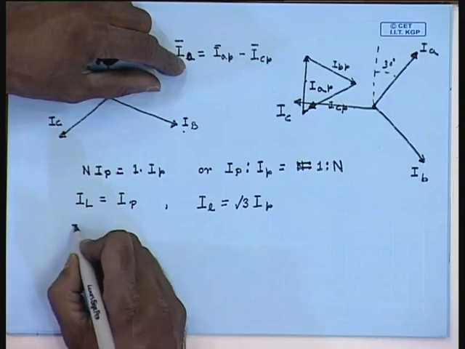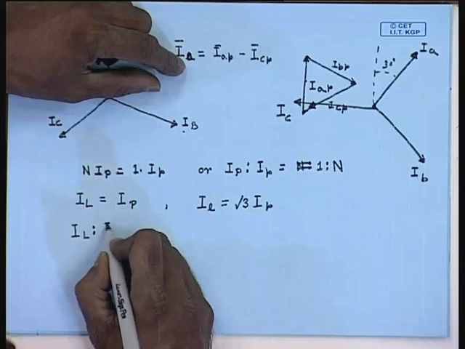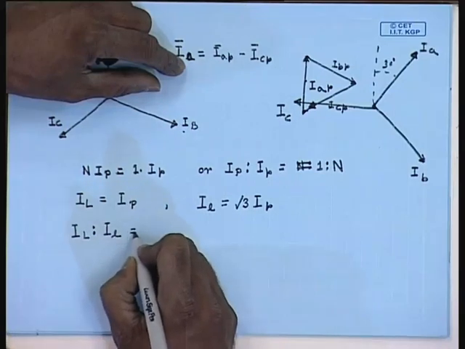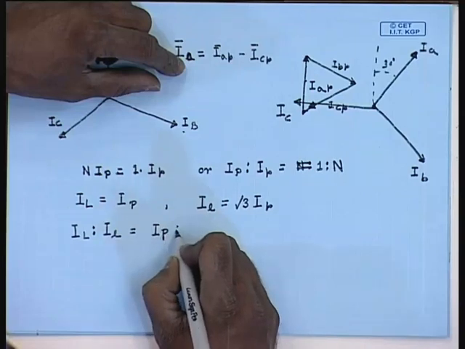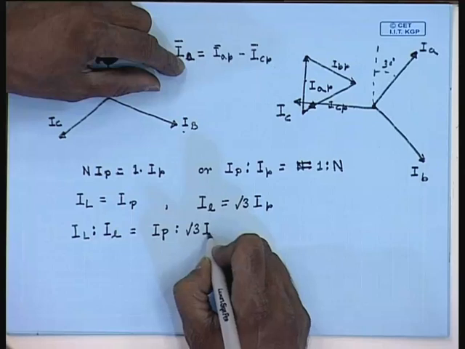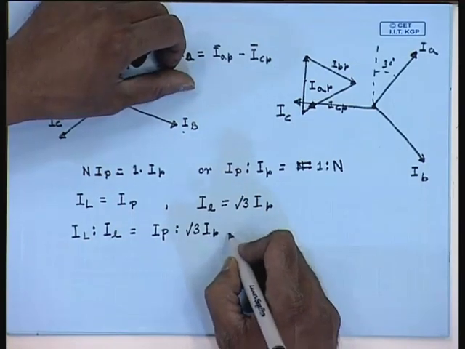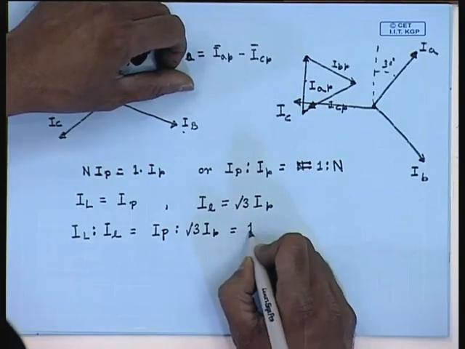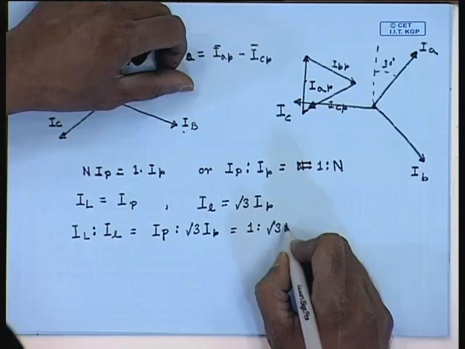Therefore, I capital L is to I small l equal to I P is to root 3 I small p, and that is equal to 1 is to root 3 n.